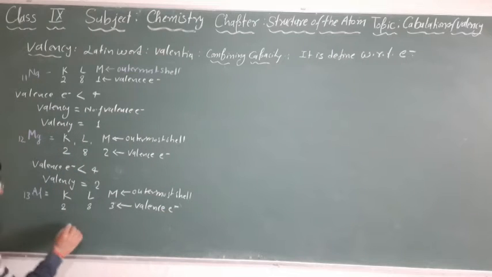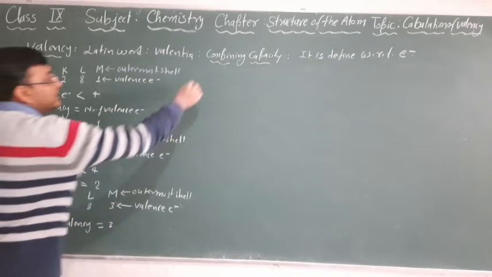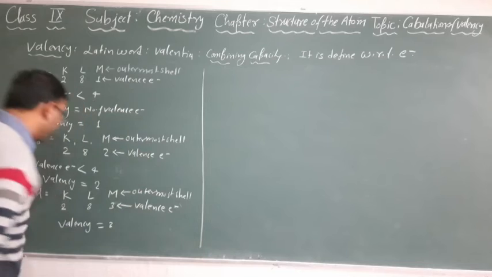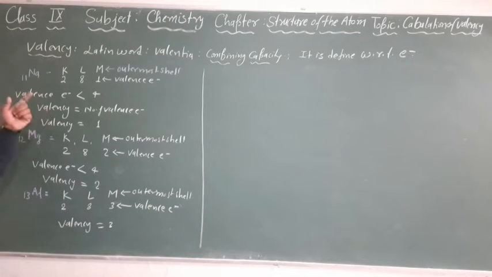So here valency is equal to 3. Now I am calculating in short, but you have to calculate by applying all the steps which I applied earlier for sodium.